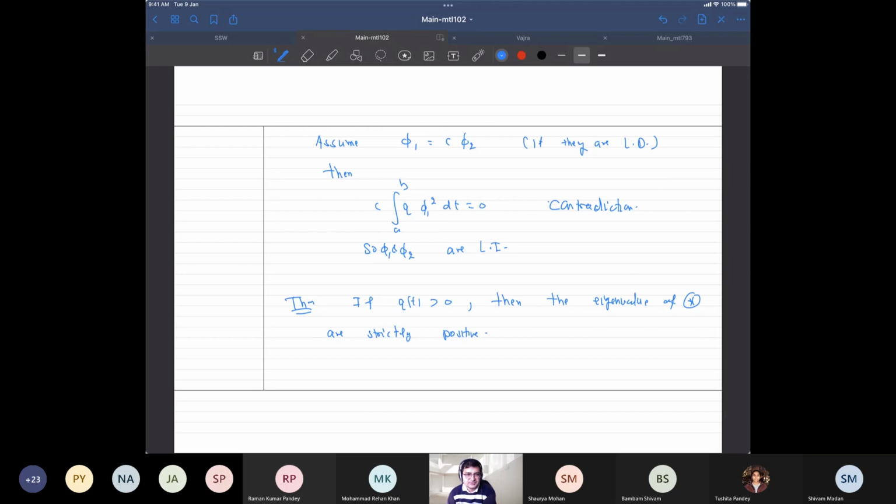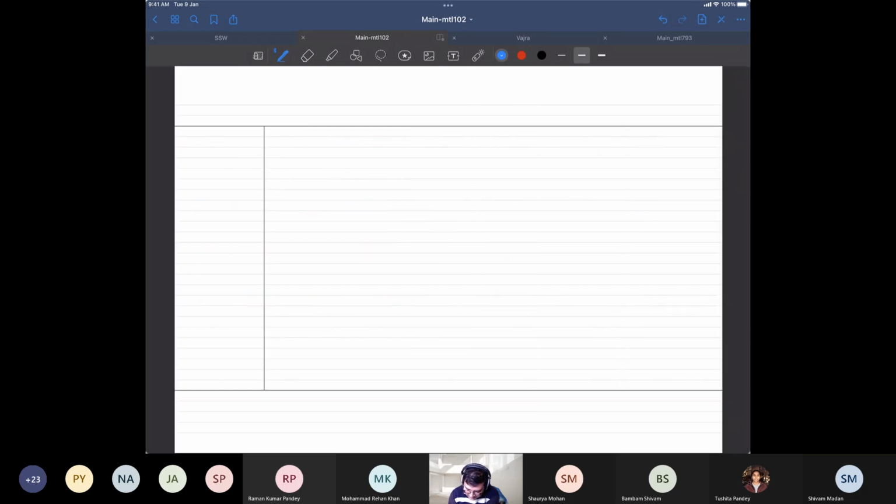Okay, that you should try to prove. It's exactly on the same line of what I did. Basically, what you have to do is let's assume lambda is an eigenvalue, and then show that it is strictly positive. Okay, so proof, if you want, I can show you some steps. Assume lambda is an eigenvalue.